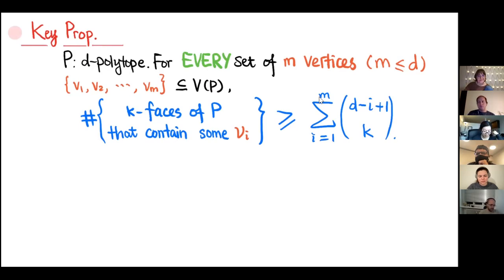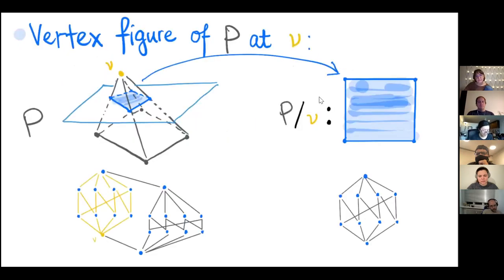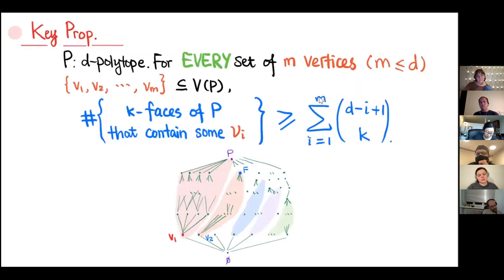And then this number is bounded by the summation of binomial coefficients on the right. And here's my hand-wavy sketch of the proof. The proof uses the vertex figure, so let me just remind you what it is. In particular, I have the face lattice on the board again. We want to use vertex figures, and in particular that nice bijection.